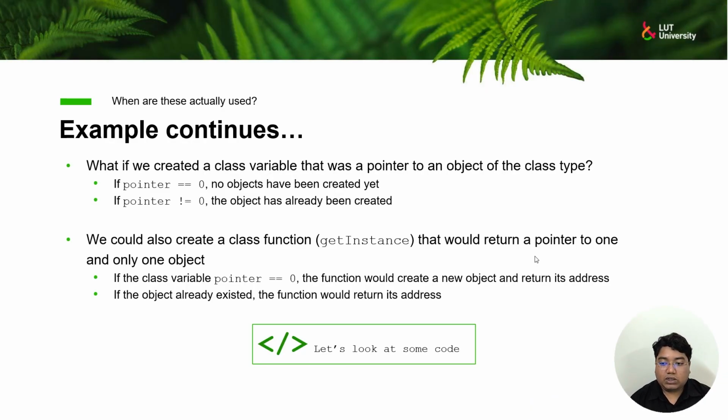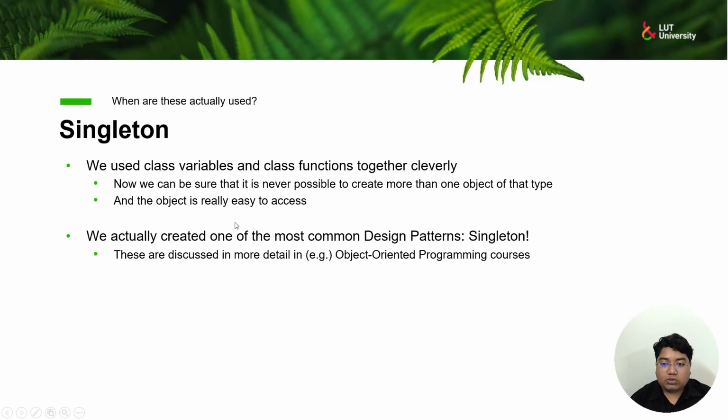So here you will see the complete picture and a summary of what we just created in VS Code. So this is what a singleton is. We combined a static variable with a static member function. The static variable remembers the one and only object, and the static member function controls access to it.